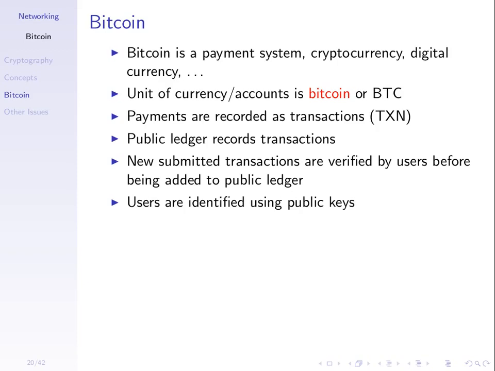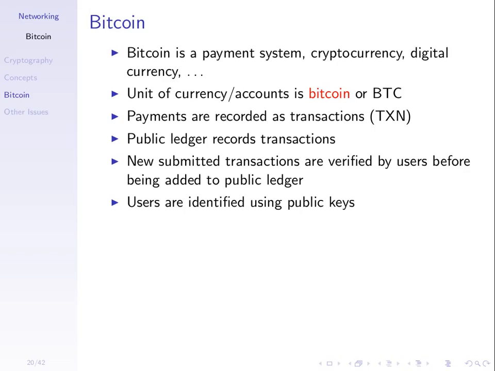When a new transaction takes place, the user who creates that transaction sends it to everyone in the Bitcoin network. So there's a network of users. In practice, people run Bitcoin software on their computer, and when I create a new transaction, I want to send money to someone else, I distribute that transaction to the network.